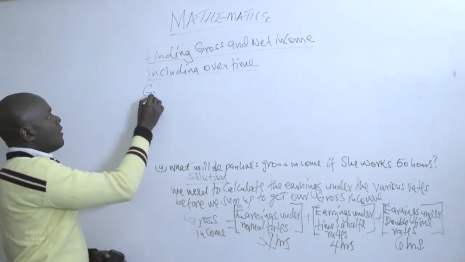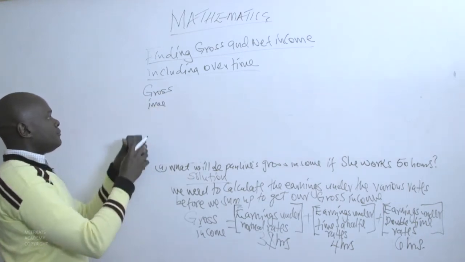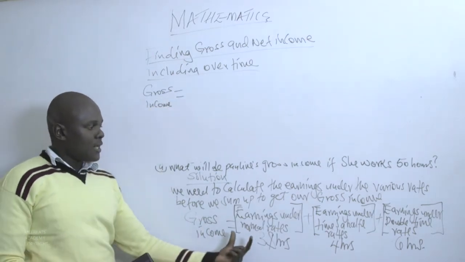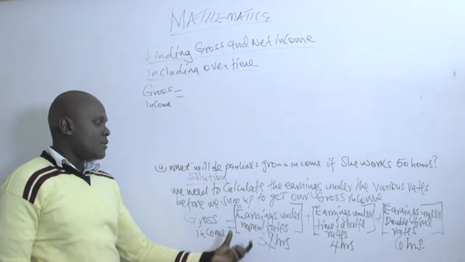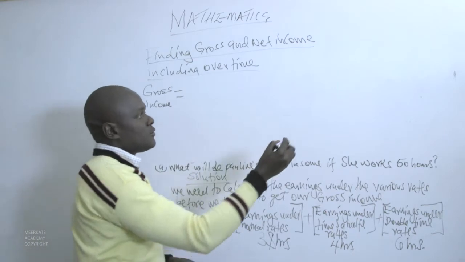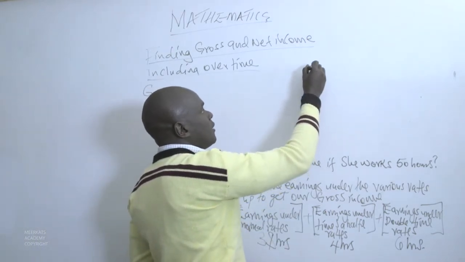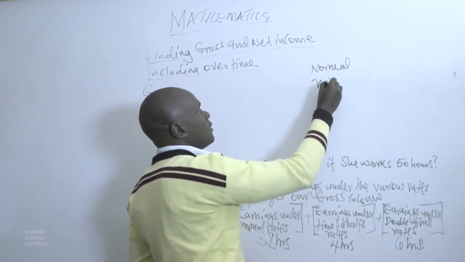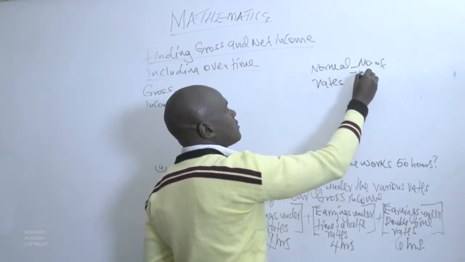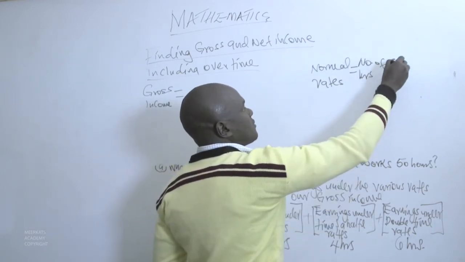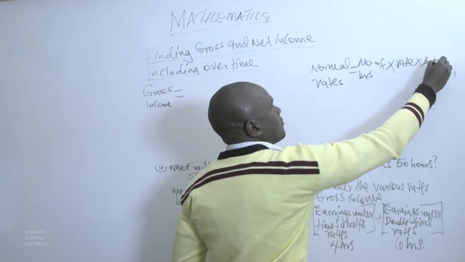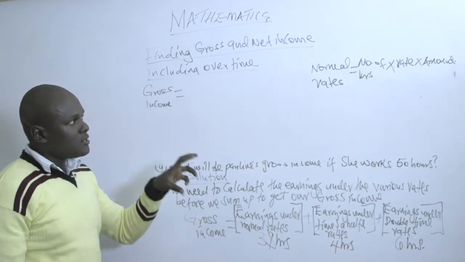So we are saying our gross income will be the sum of, and when we look at the earnings under the normal rates, this will be the product of the number of hours multiplied by the rate multiplied by the amount under that normal rate.